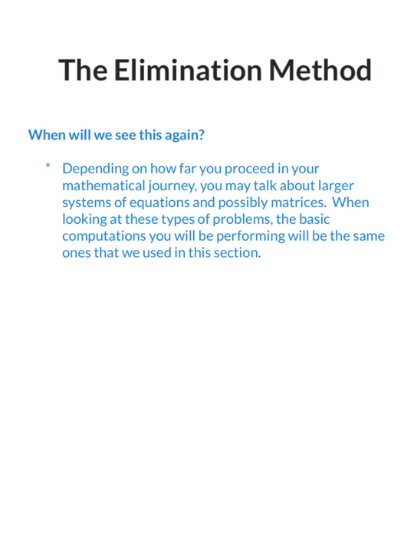All right, so when will you see this again? Depending on how far you proceed in your mathematical journey, you may talk about larger systems of equations and possibly matrices. When looking at these types of problems, the basic computations you will be performing will be the same ones that we used in this section.